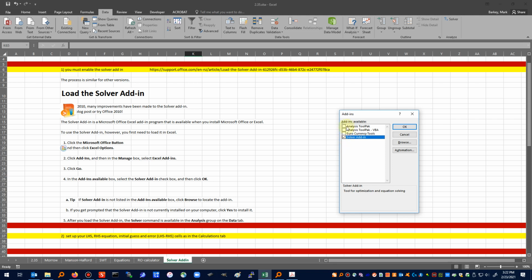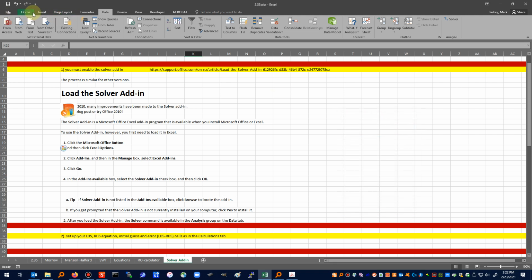You may also want to check Analysis Toolpack, which has some other features you may end up using. I don't know why they don't make this the default, but maybe the default business use doesn't really have a need for solvers. But you have to go through this in order to use the steps that I'm going to show you next.